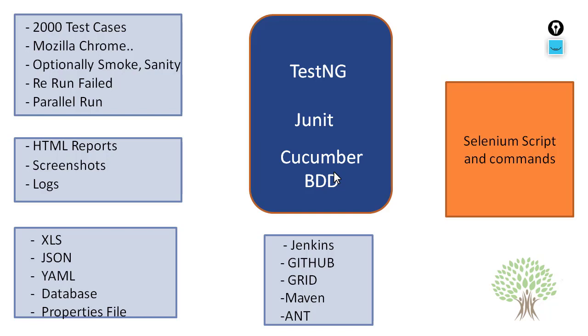Okay, what this centralized controller does, it helps you build test cases. It helps you optionally run the test cases, rerun the failed test cases and all. Okay, and it will call the Selenium scripts one by one as per the requirements. Okay, and you can run the scripts on the desired browsers and all.